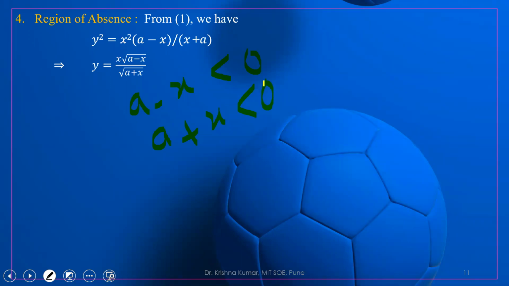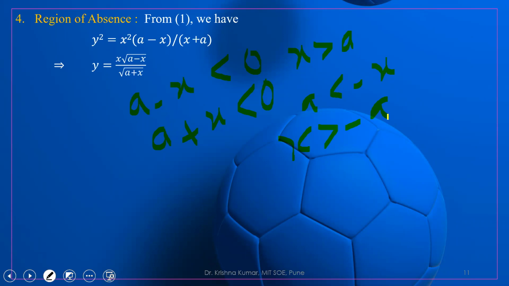So a minus x is less than 0 means what? X is greater than a. And a plus x is less than 0 means x is less than minus a.